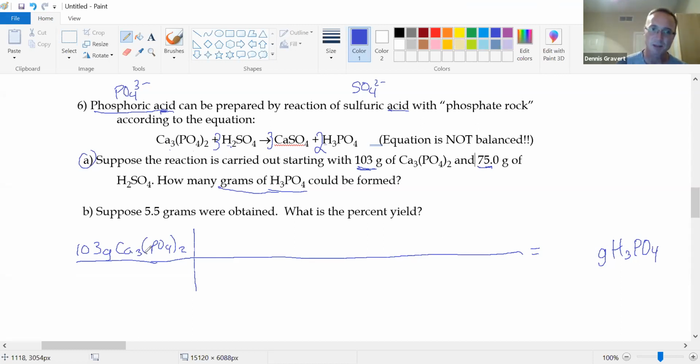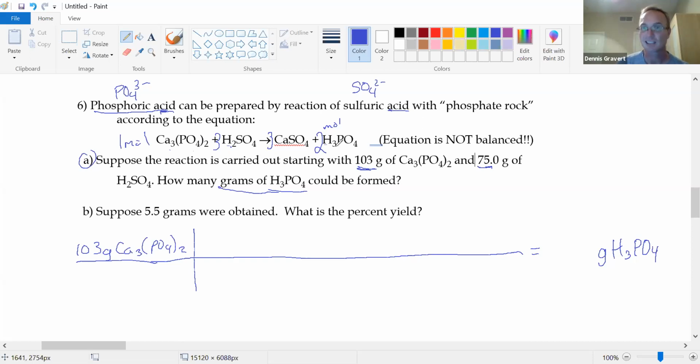Now I have to change this molecule, calcium phosphate, into a different molecule, phosphoric acid. The way to change a molecule to another one is to use the balanced equation, but this is in units of moles. The recipe says you need 1 mole of calcium phosphate to make 2 moles of phosphoric acid.